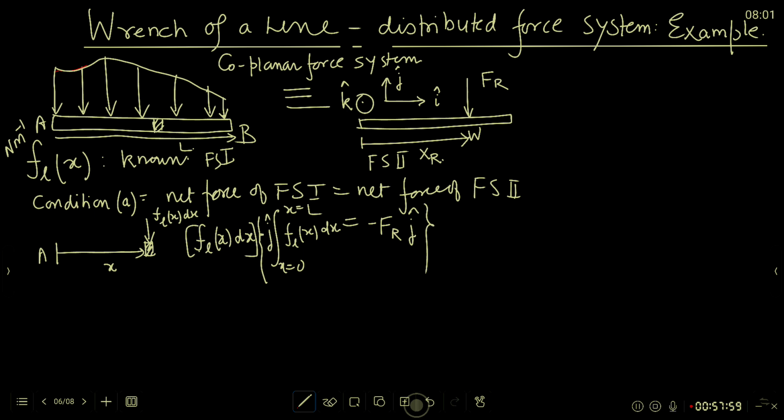So the direction of the force is clear on both sides. So we will drop the unit vectors, and basically we have a scalar equation which gives me this integral equal to Fr.